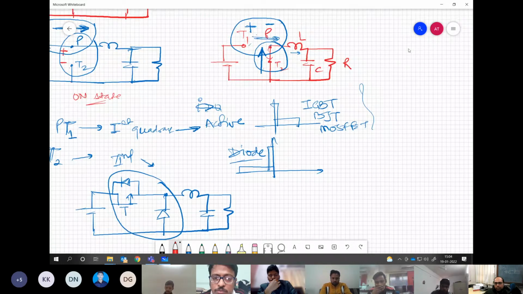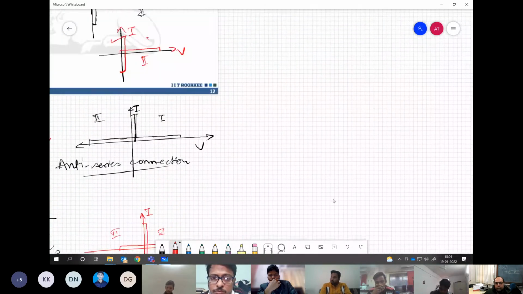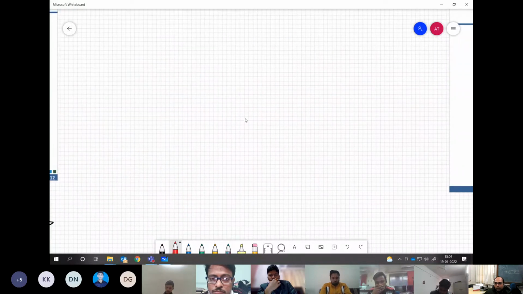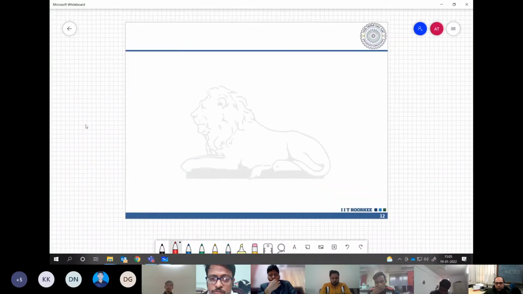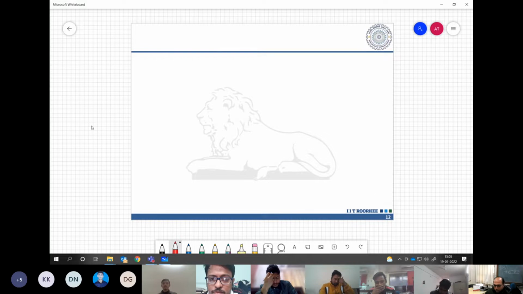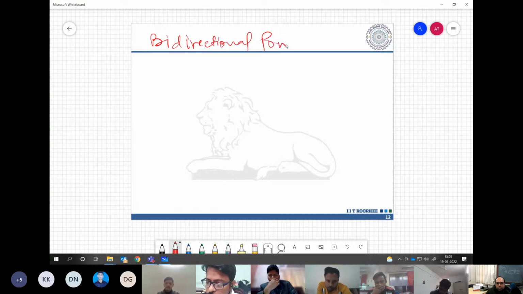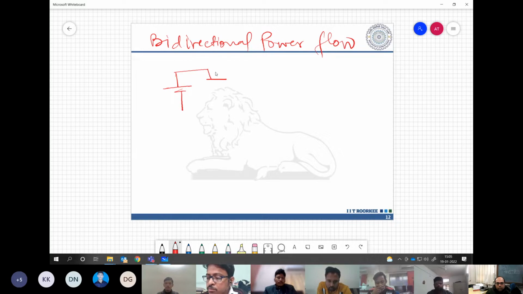Now, before moving further to modeling and other things, one more point we can add. When we are defining our buck converter and boost converter, this is all only unidirectional power flow. Now, what if we want a power converter with bidirectional power flow? Let me draw the generic switch alone.